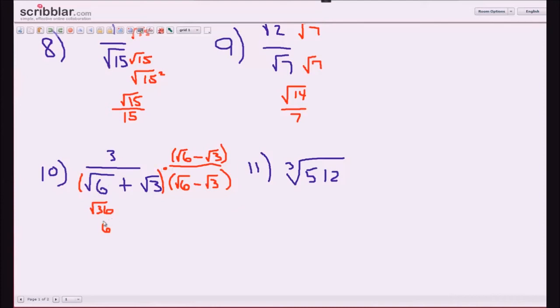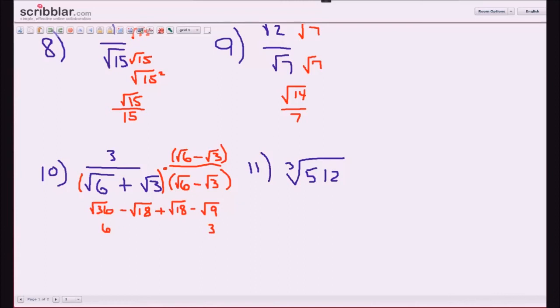Root 6 times minus root 3, 6 times 3 is 18, so minus root 18. And now we'll go to root 3. Root 3 times root 6 is plus root 18. Last but not least, root 3 times root 3. That's going to be the same as root 9, which is 3.